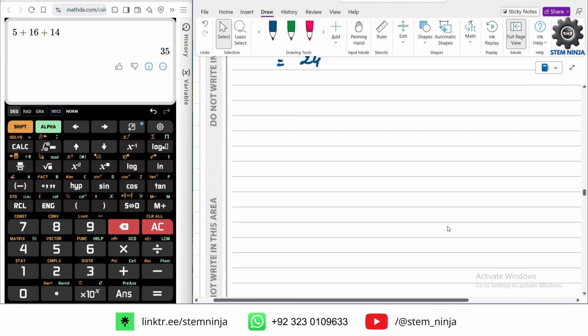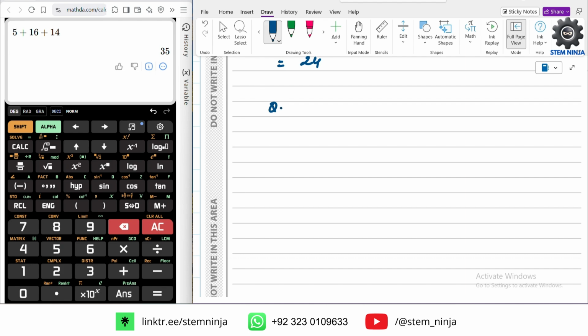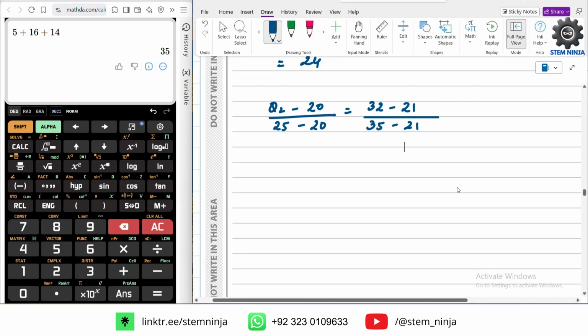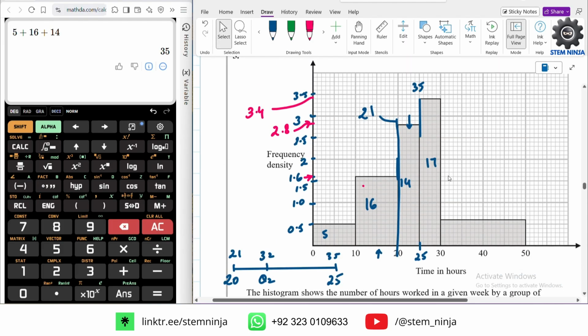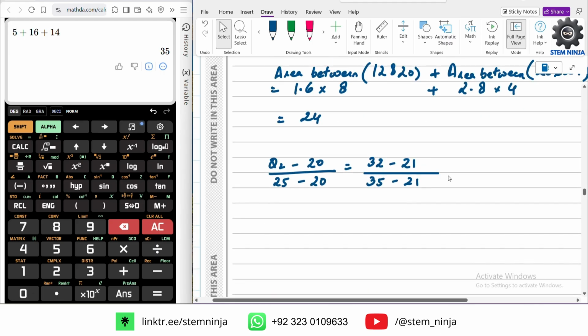So Q2 minus 20 over 25 minus 20 equals to 32 minus 21 divided by 35 minus 21. Right? Is it 35? Yeah, 35 minus 21. Right, okay.